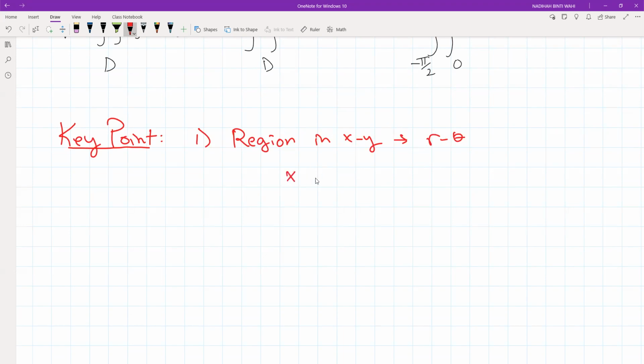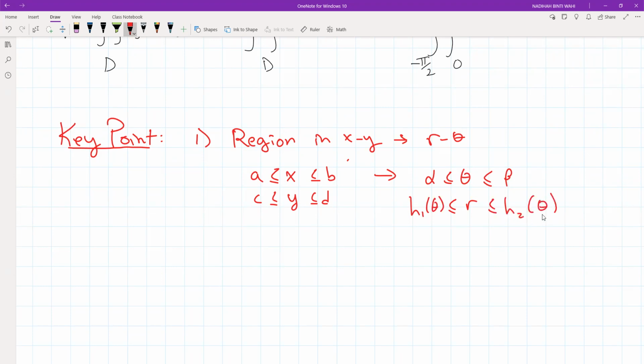Maksudnya x goes from, let's say, x goes from A to B, and then y goes from C to D. Similarly, if you want to use theta goes from alpha to beta, and then r goes from, let's say, for general region, h1 of theta to h2 of theta.